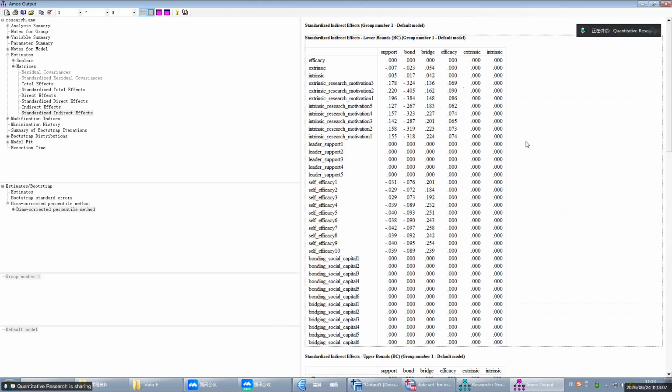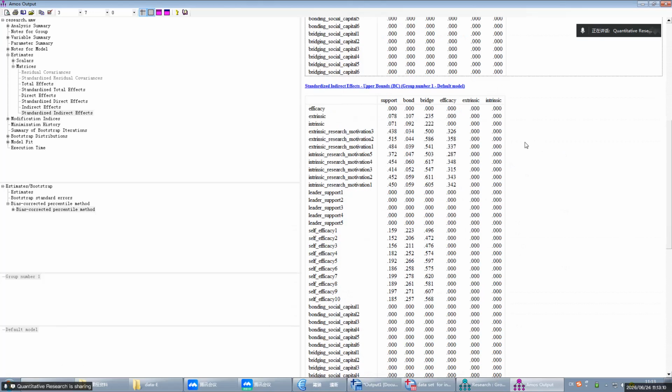What is the upper bound here? Support to extrinsic motivation, upper bound 0.078. This is the 95% confidence interval. Does it contain 0? Yes, it contains 0, right? So this mediation is significant or not significant? It's not significant, right?